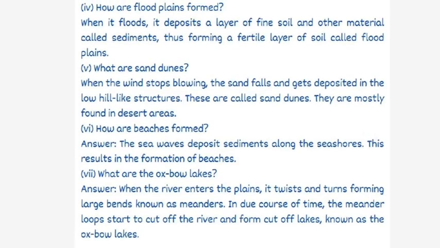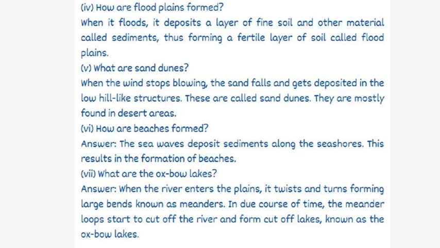Sub-question 5. What are sand dunes? Answer.